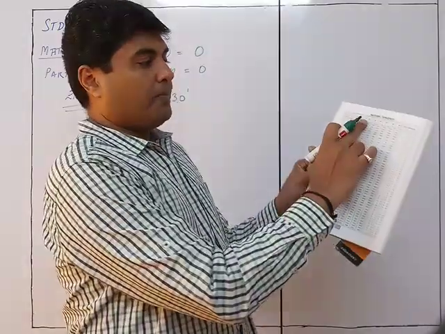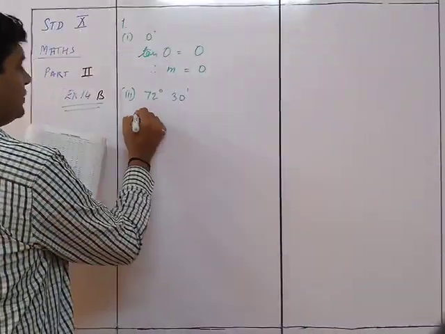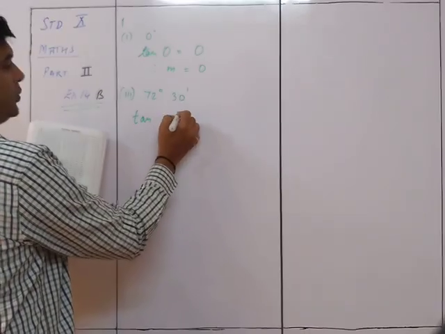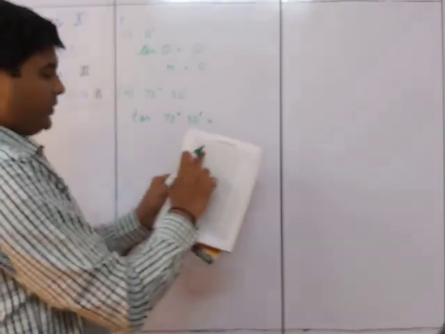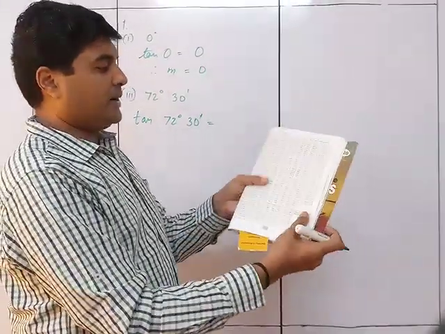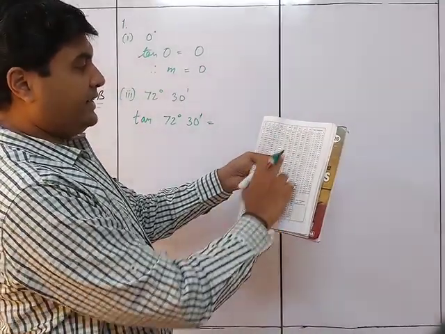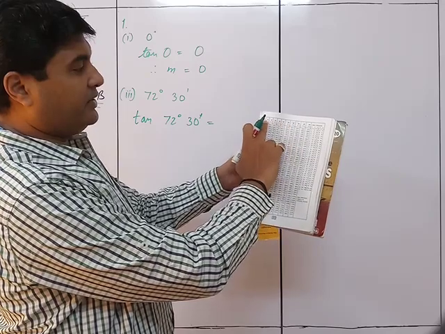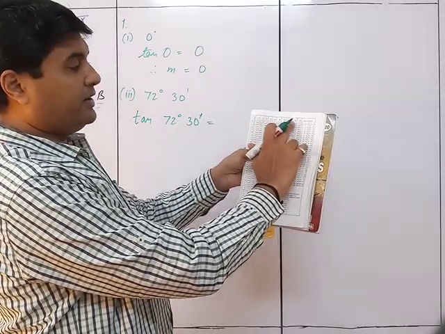The above is natural tangents. You just need to find tan 72 degrees 30 minutes. The page shown goes up to 44, so the next page goes up to 90. We need to find 72, and under 30 minutes, since the minutes are written in multiples of 6: 0, 6, 12, 18, 24, 30.